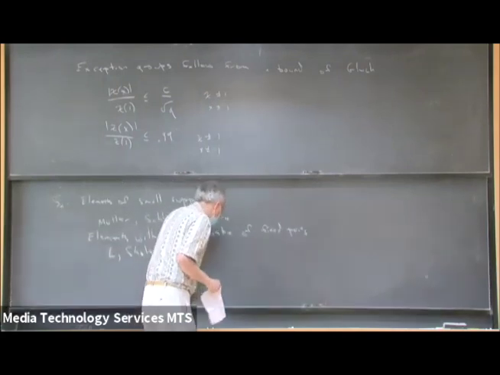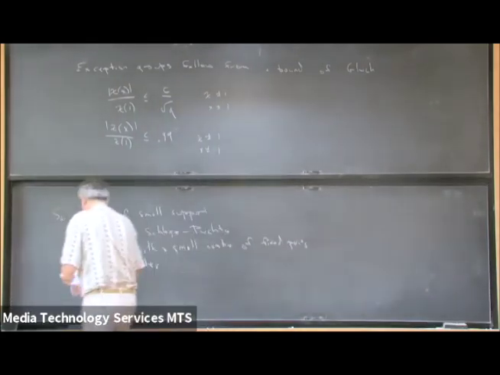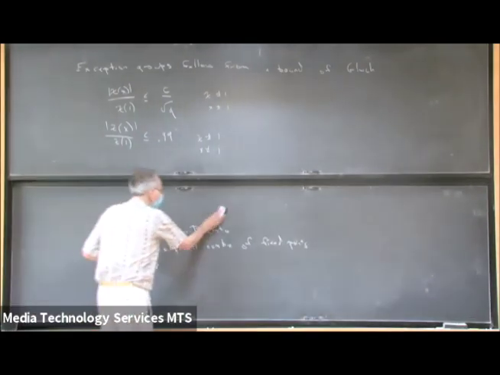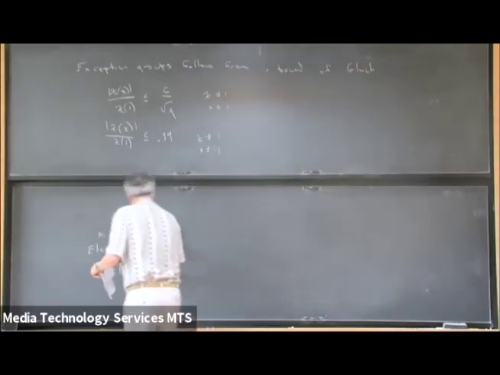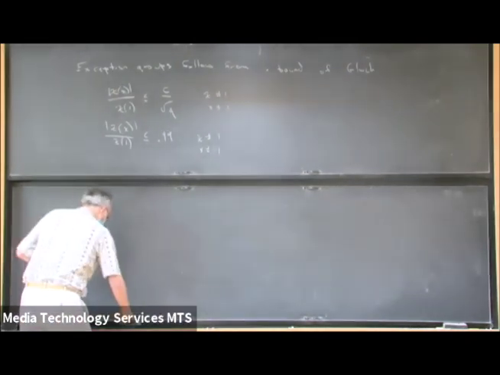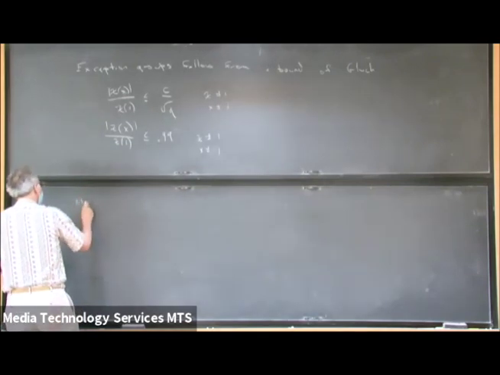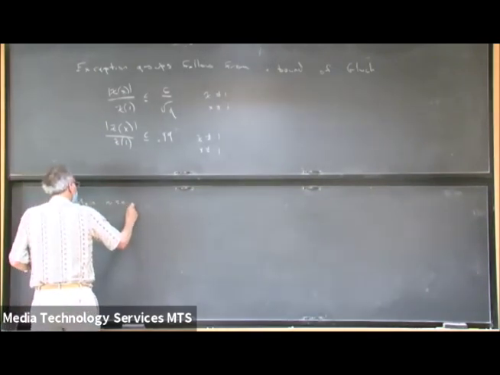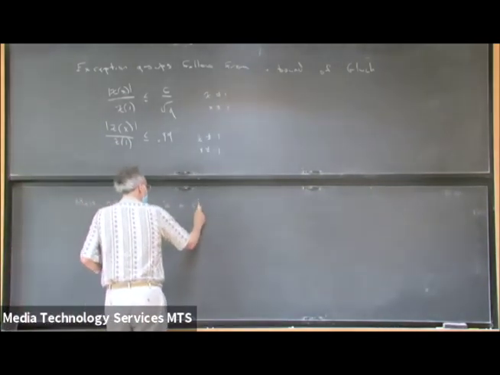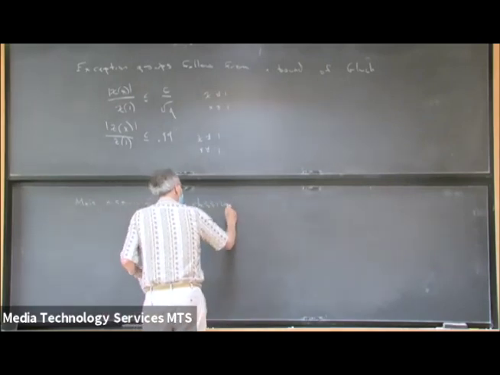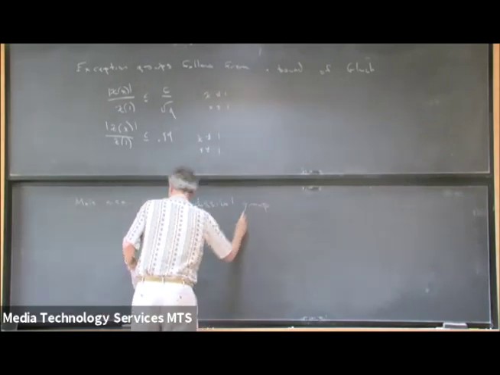So really all we have to think about are classical groups. So the main case is G is a classical group over a finite field.